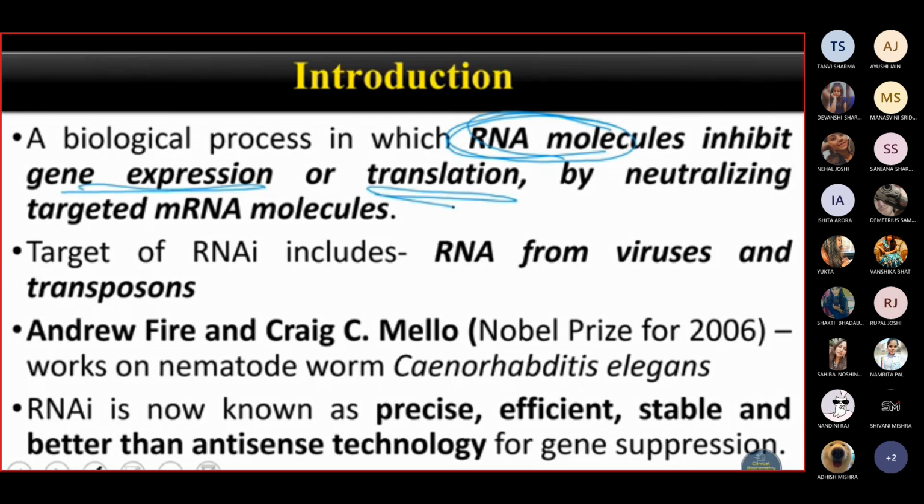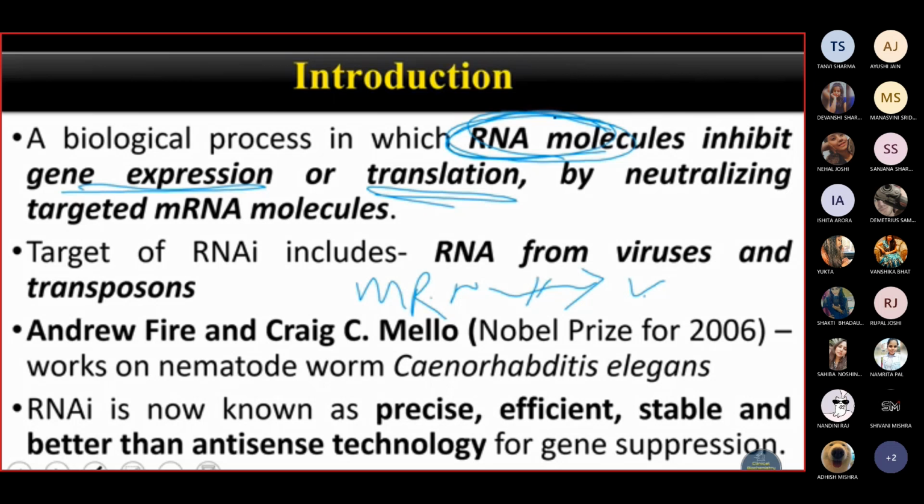So we have messenger RNA, and this messenger RNA is going to be regulated at this level. Whether it will give me protein or not is regulated by this RNA. We normally have two types of regulatory RNAs, that is miRNA and siRNA. We are coming to that.